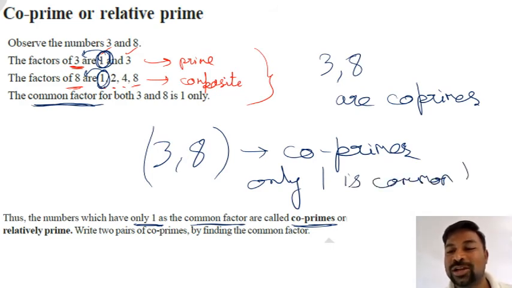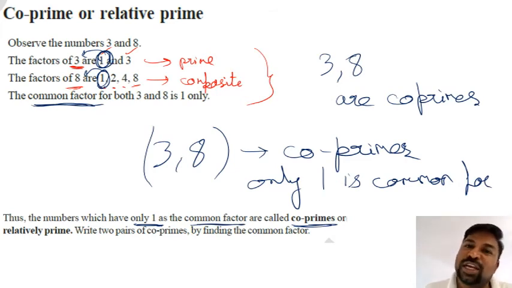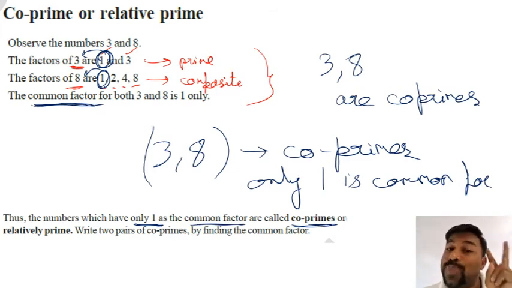So you got the concept. If only 1 is present as a factor in both the numbers, then both numbers can be called co-primes or relative primes, or you can call it mutual prime. But you might have seen 1 is prime, the other is composite. It is not a must that both should be prime.